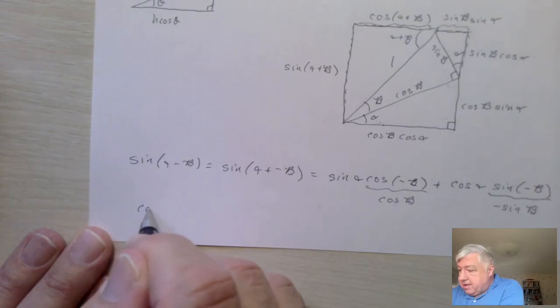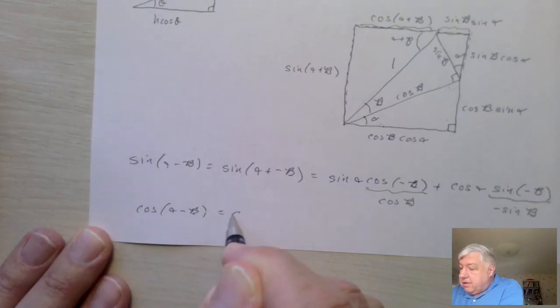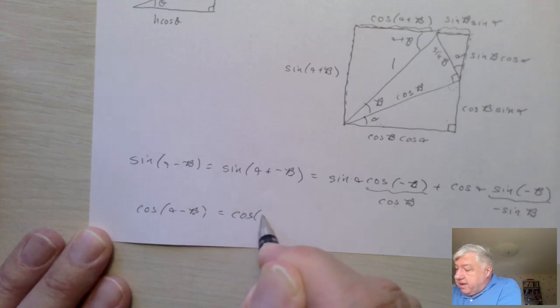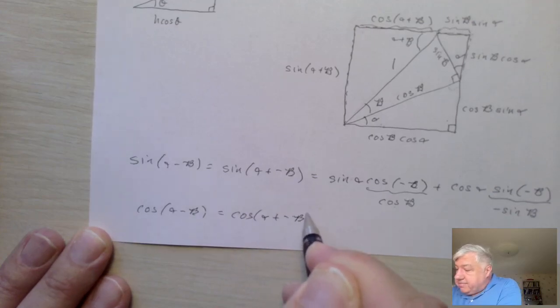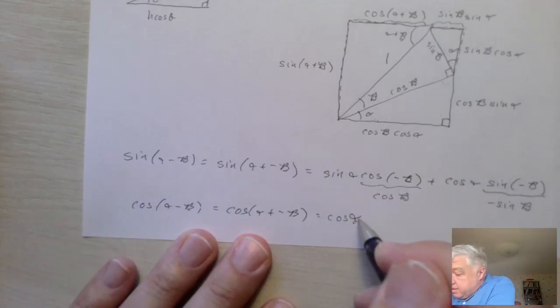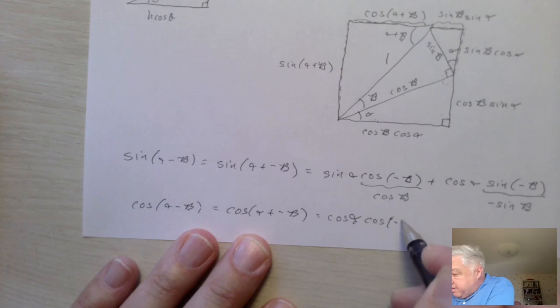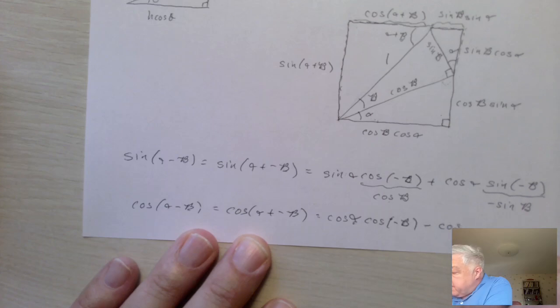And then you can do the same thing for the fourth part, cosine of alpha minus beta. This is going to be the cosine of alpha plus minus beta. All right, so this will be the cosine of alpha cosine of minus beta, minus sine of alpha sine of minus beta.